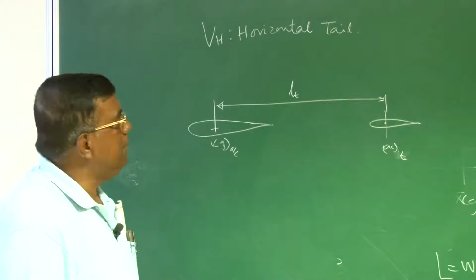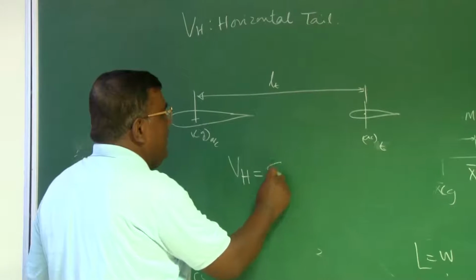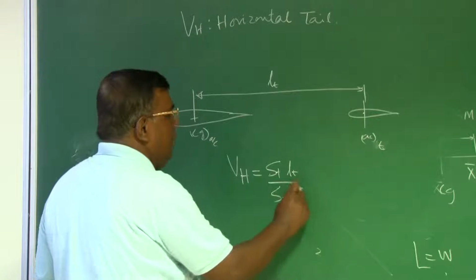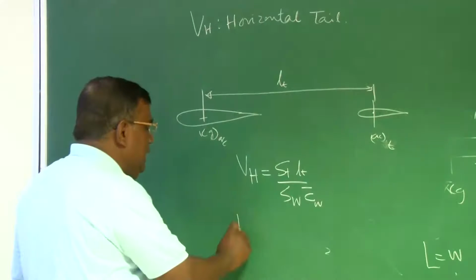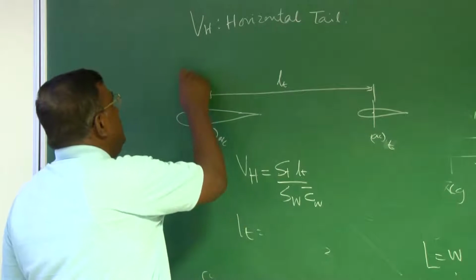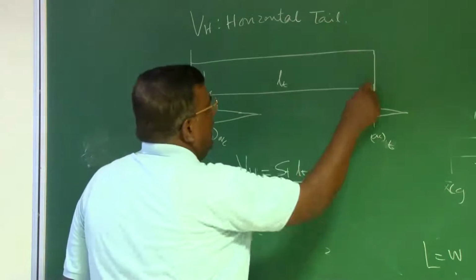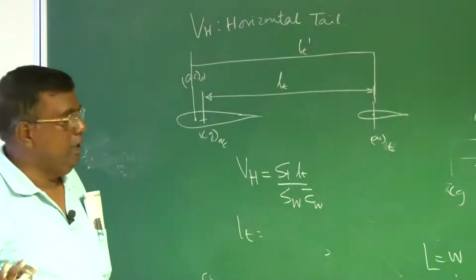But at a conceptual stage, when you define VH, which is actually ST LT by SW C bar, we take LT as the distance between the AC of the wing and the AC of the tail, right? At a conceptual stage.